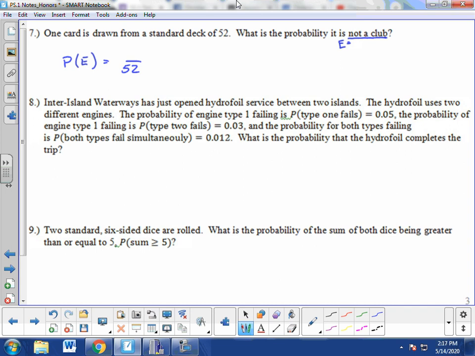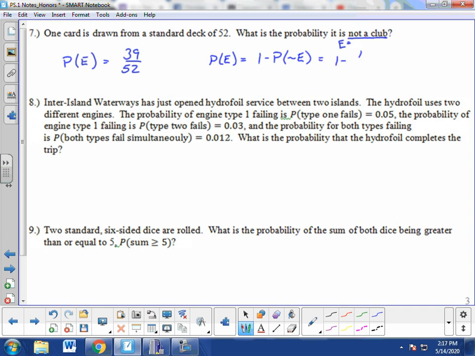There are a total of 39 cards in the deck that are not clubs. So you could have figured out this probability that there are 39 cards that are not clubs and taken that out of 52. You could have also written this as the probability 1 minus that it is a club.